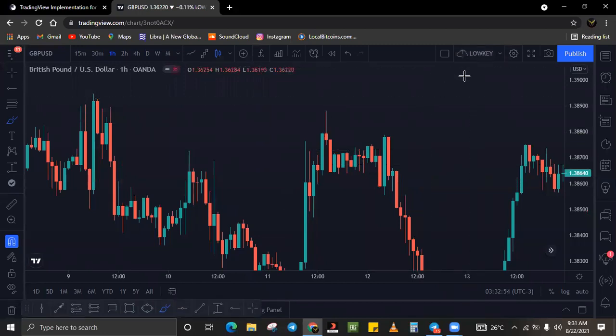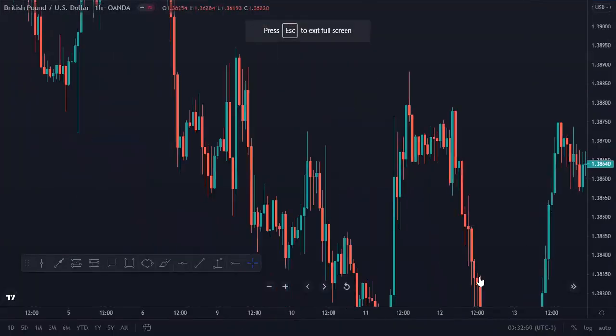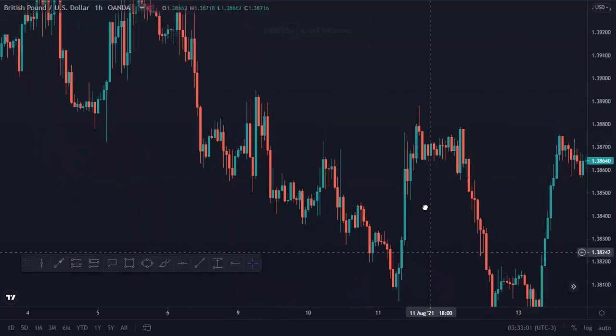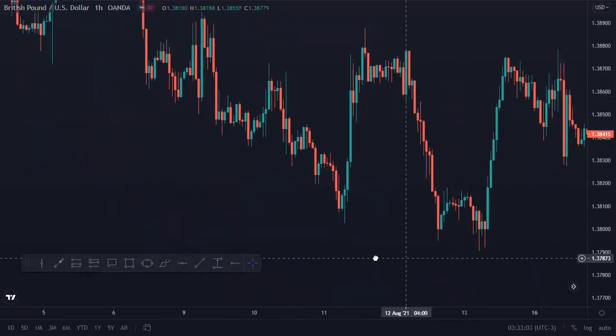Um, that's on the new invalidation. Let's try to look for more examples on the new invalidation.